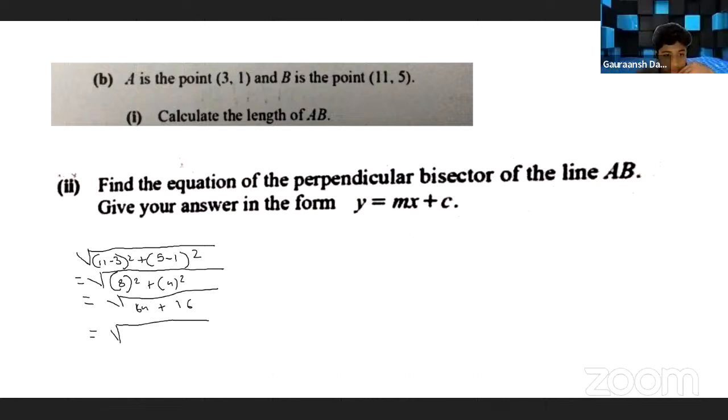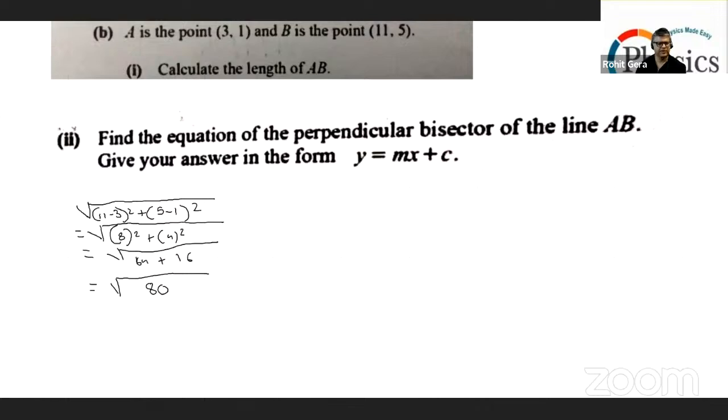Perpendicular. ठीक है. Draw diagram first.